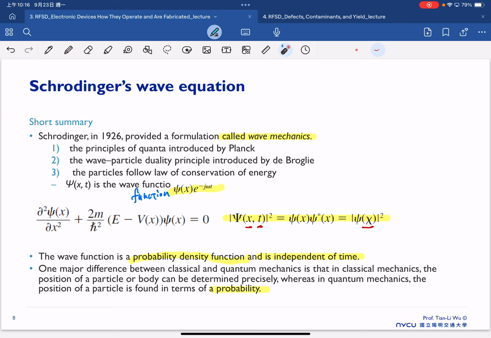But in the end, by using this knowledge, we are finally able to understand one of the important characteristics inside the semiconductor device. So again, we can use a MOSFET as an example.